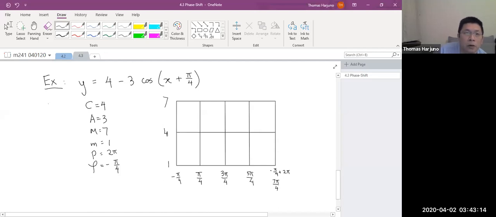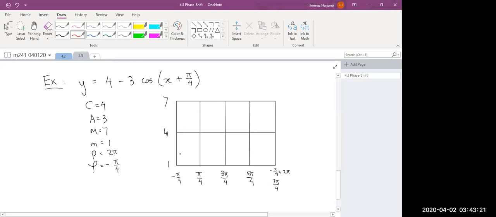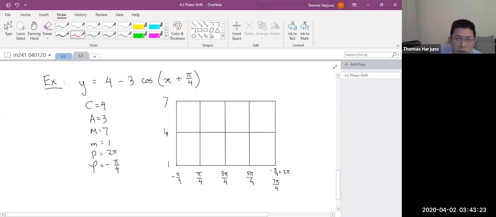Then as for the graph, will that start from the top, middle, or bottom? From the bottom. So you see the shape will be only either sine or cosine, either the regular shape or upside down, right? Yes.